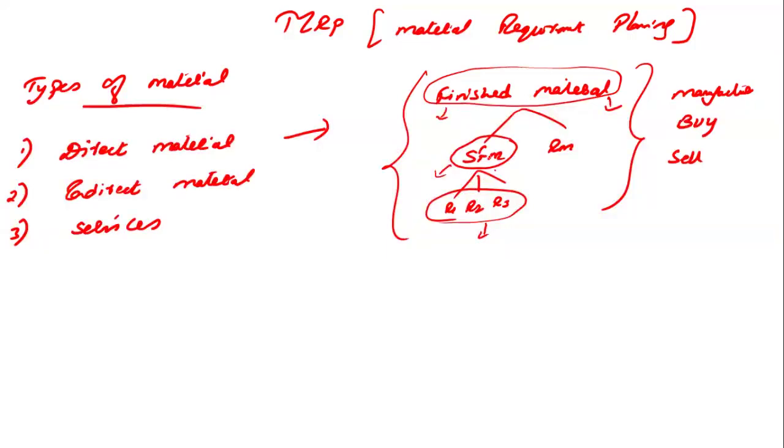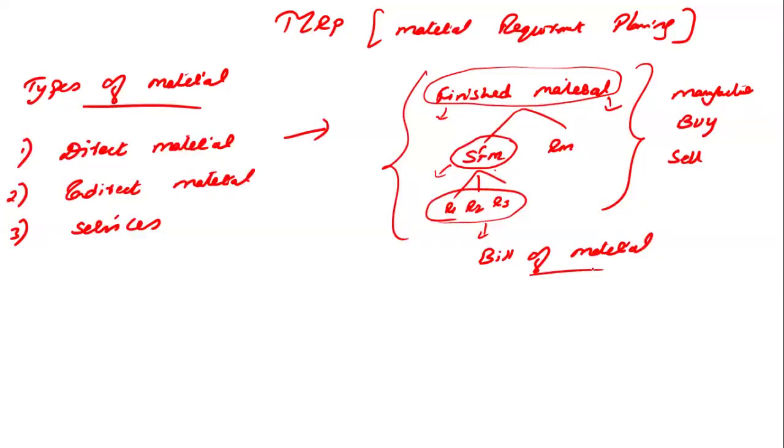And to produce the semi-finished material, we know that we need raw material 1, raw material 2, raw material 3 with the help of bill of material. We saw this bill of material terminology in the subcontracting. We said that to get this finished material, we need to send these components to supplier. We can tell we need this raw material with this quantity.